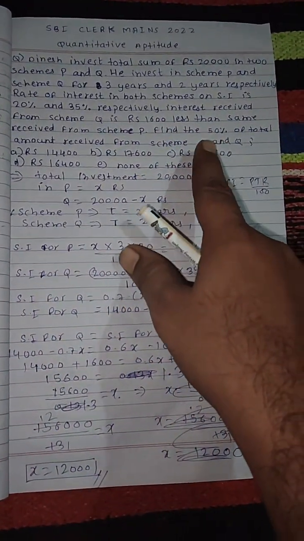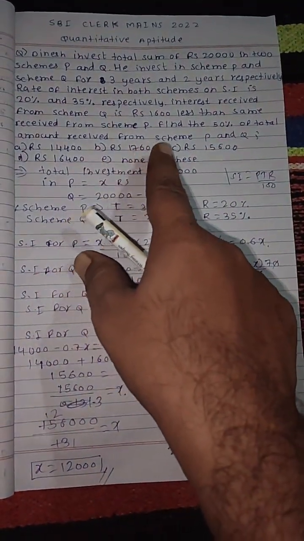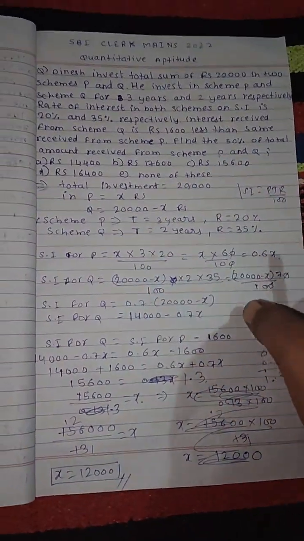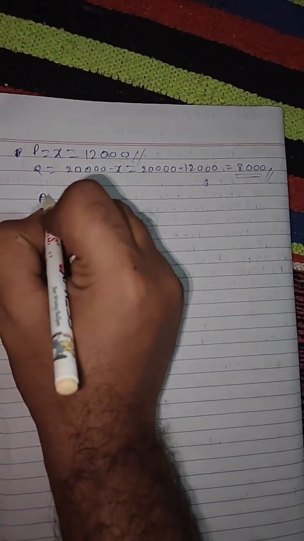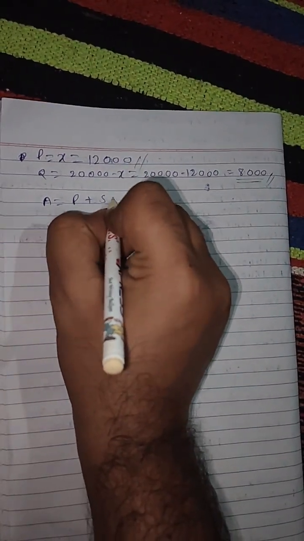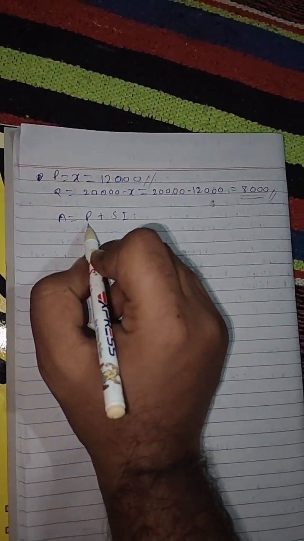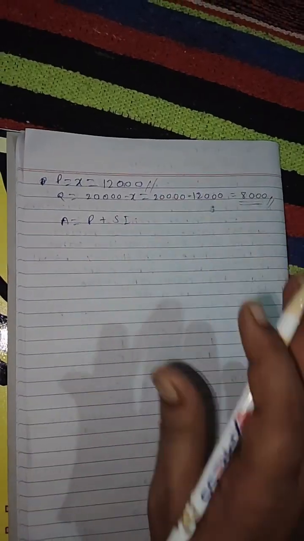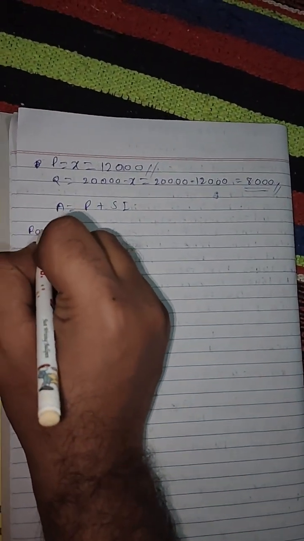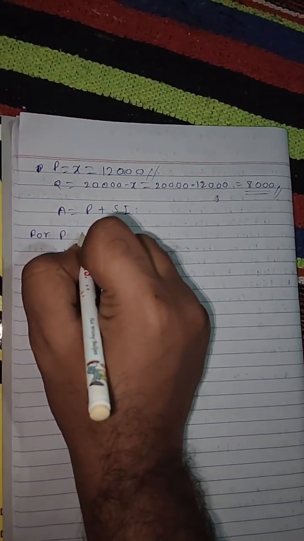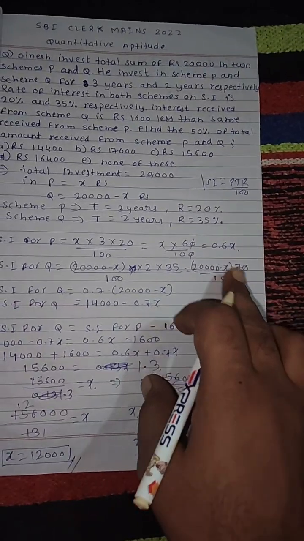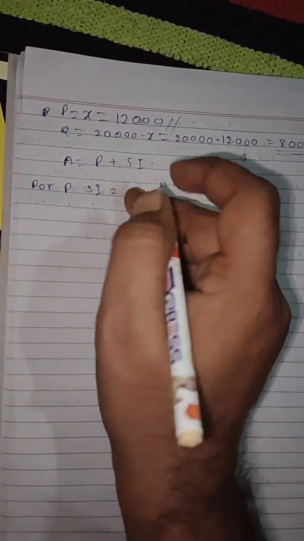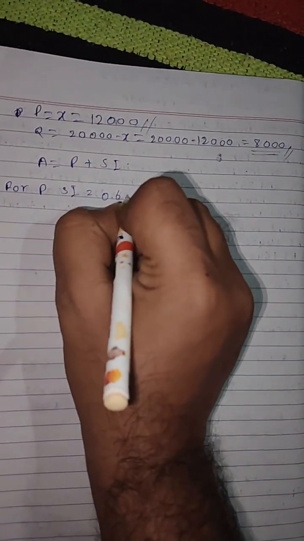In the question they have asked for 50% of the total amount received from schemes P and Q. The formula for amount is principal plus simple interest. Principal we have found, simple interest also we have found. For P, simple interest is 0.6 into x.